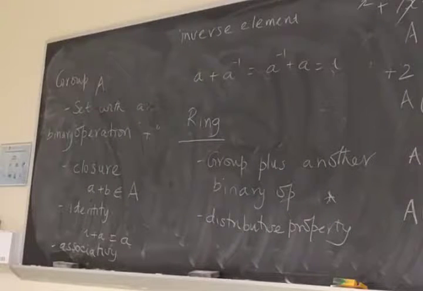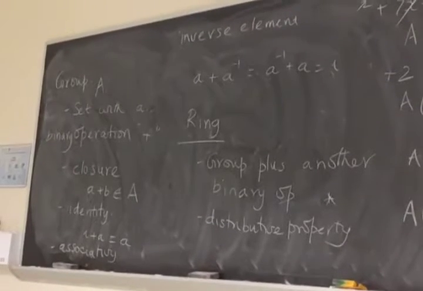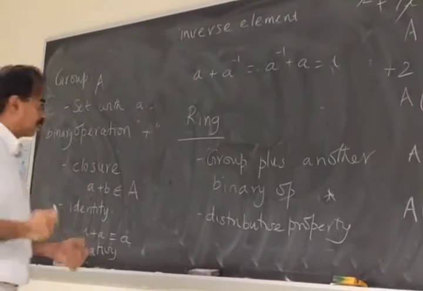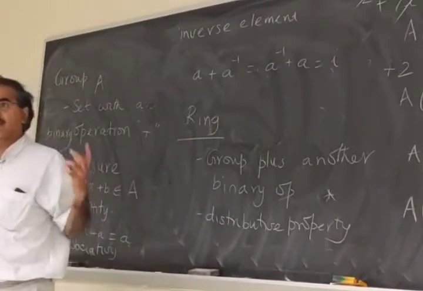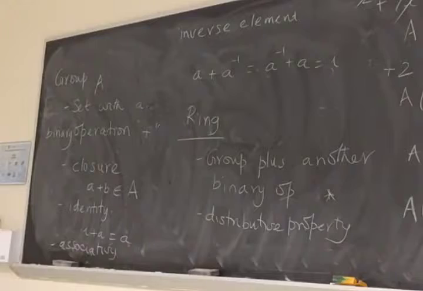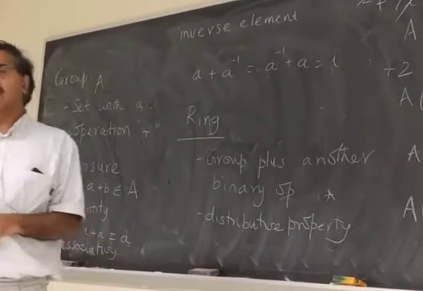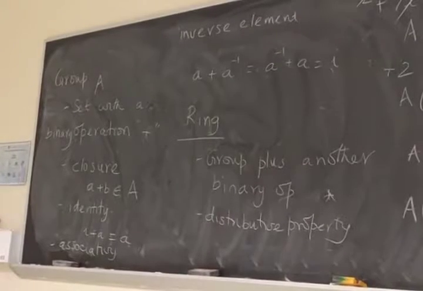If you want an example of a ring, polynomials with polynomial addition and polynomial multiplication together form a ring. Of course, integers with addition and multiplication also form a ring.